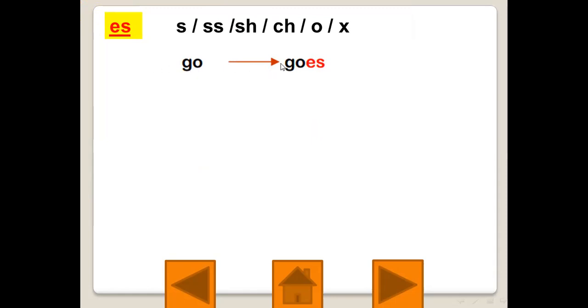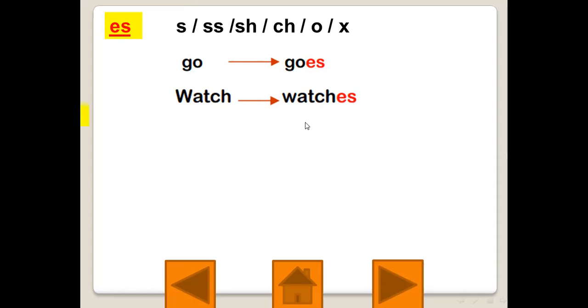But when we use a subject pronoun like he or she, we say he goes. We add es because the verb go ends with o. Another example, the verb watch. Watch ends with ch, so when we begin the sentence with he, she, or it, we add es, not s.